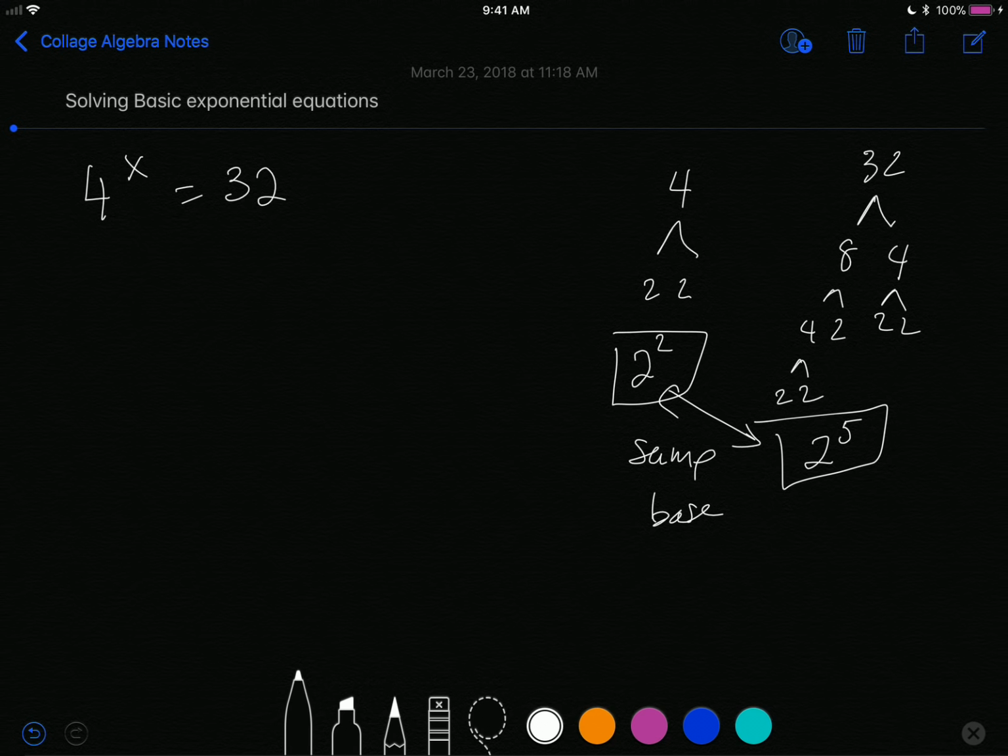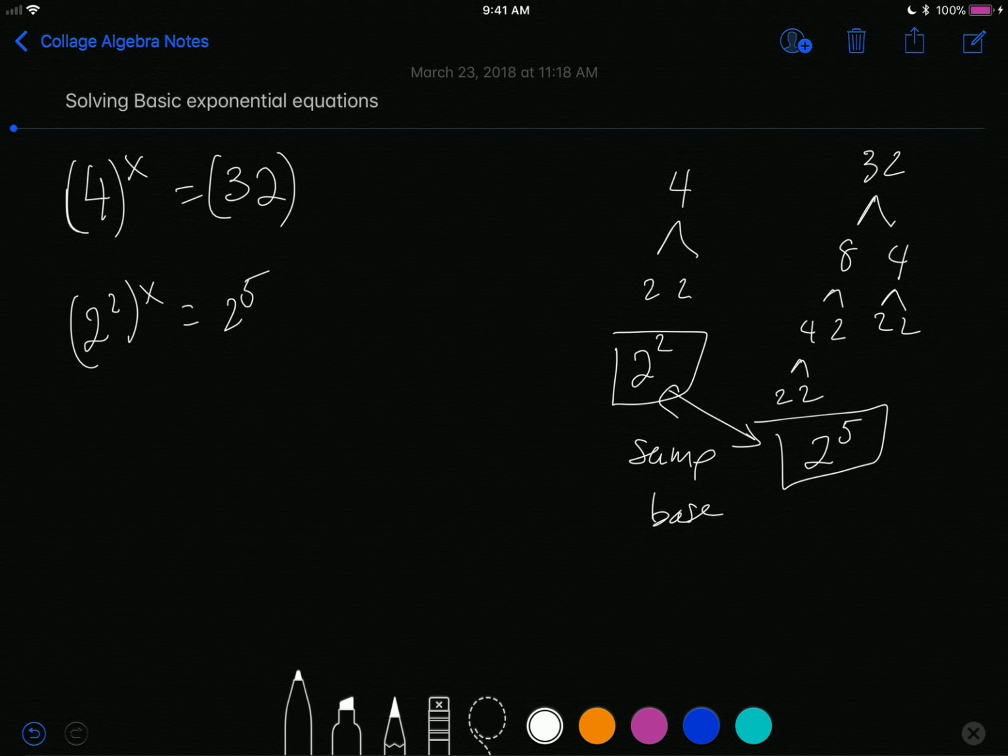So what I'm going to do is, instead of writing the number 4, I'm going to write 2 squared. Instead of writing 32, I'm going to write 2 to the 5th power. Now you can see that the equation has not changed. Same.